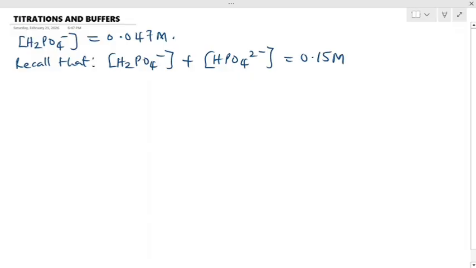Okay, so now we have the value for the concentration of H2PO4 minus.